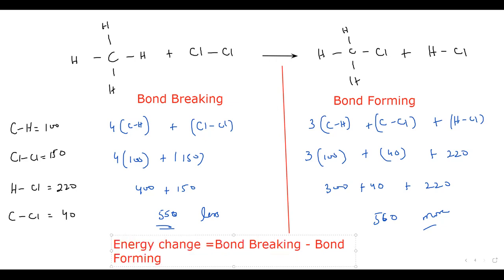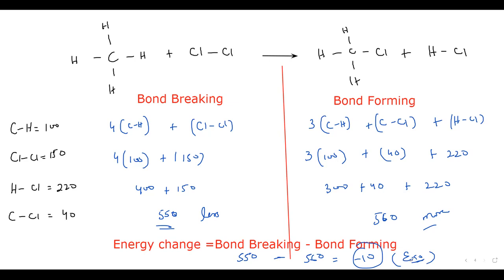The bond breaking energy was 550, minus bond forming energy, that is 560. When we subtract, we'll get a negative answer. Whenever we get a negative answer for energy change, it means the reaction is exothermic.